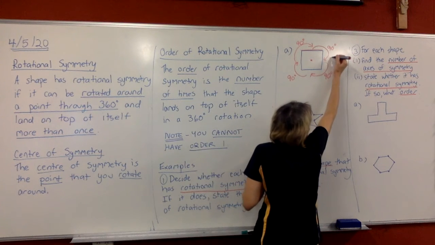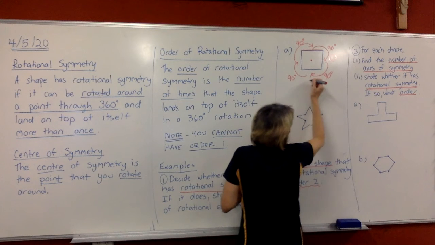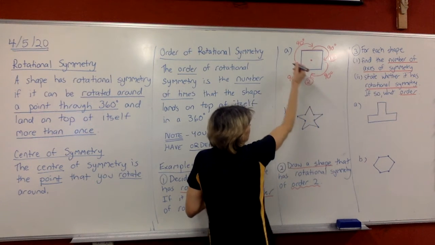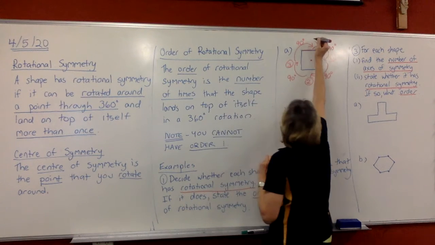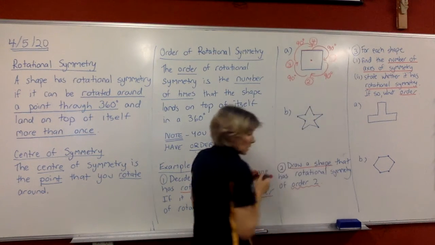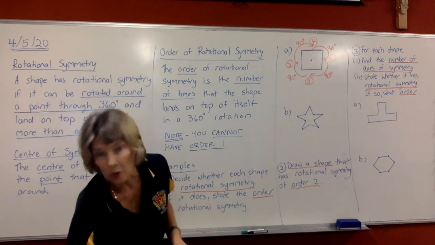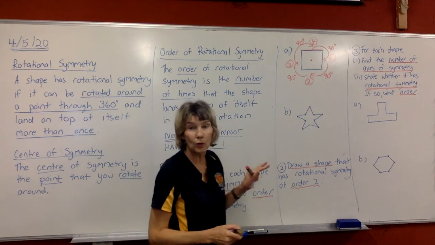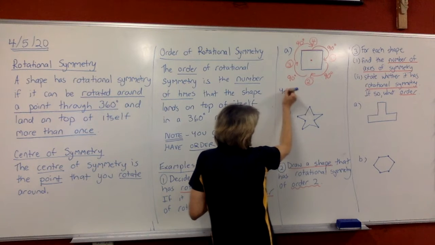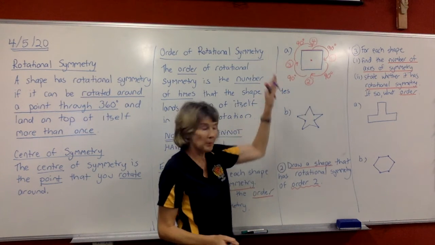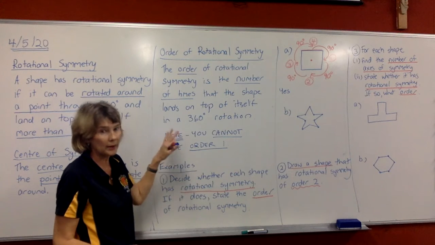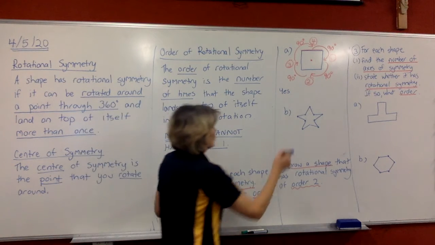It's 1 to get it to there, 2 to get it to here, 3 to get it to here, and 4 to get it back to where it started. So yes, it does have rotational symmetry, and it's order 4. You do include it going back to its original spot, but remember I said a minute ago, order 1 doesn't mean you've got rotational symmetry.